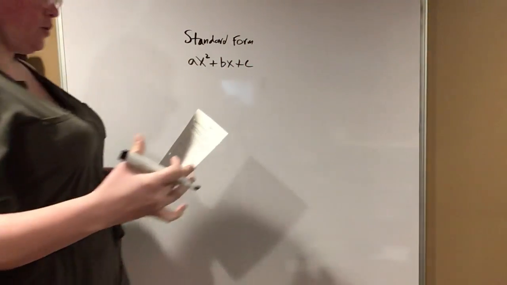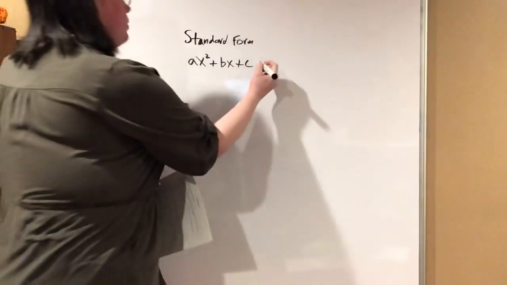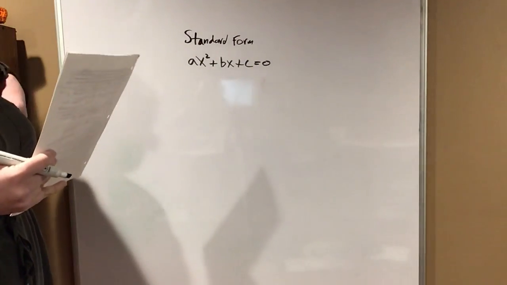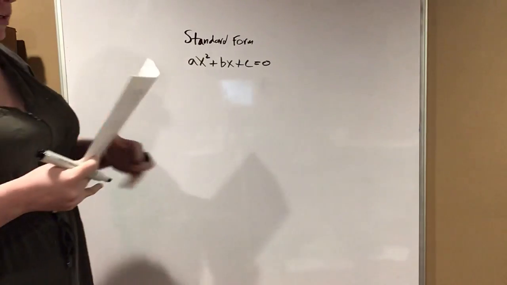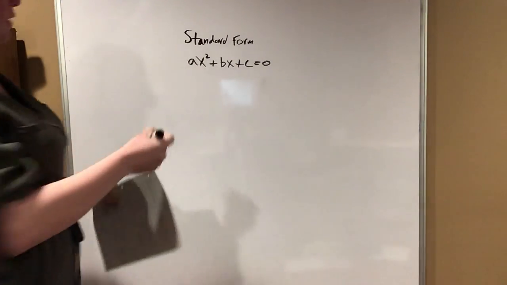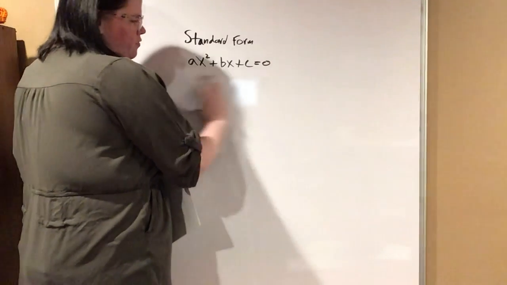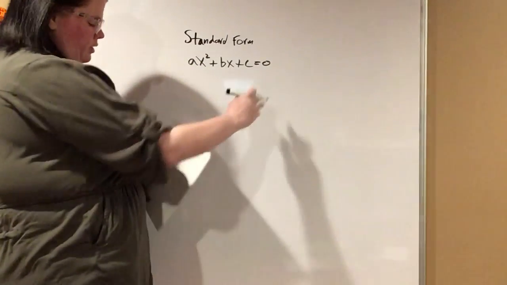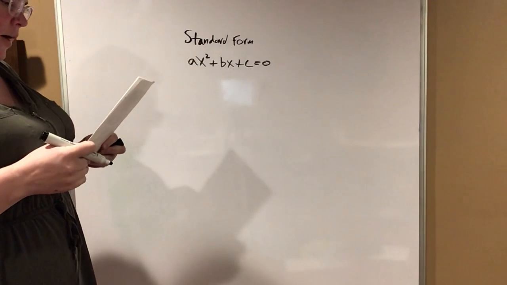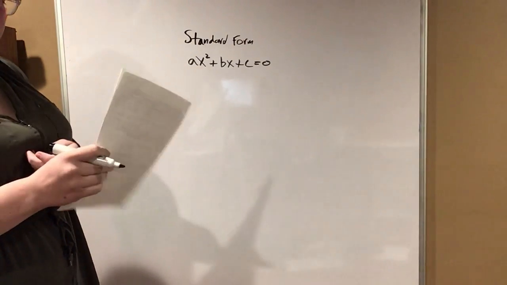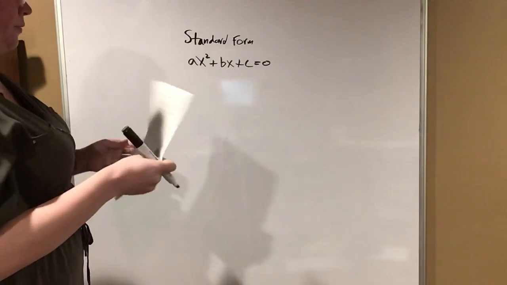And we've seen this before when we're factoring, but it has to equal something, so it always equals 0. So you have your a, your b, and your c, and then equaling 0. This is the standard form of a quadratic equation. And all of the solutions that solve the quadratic equation are called roots.